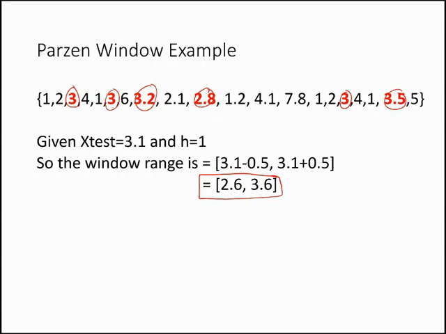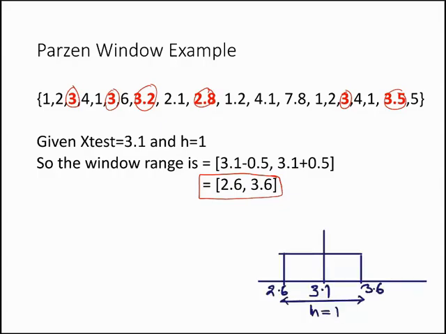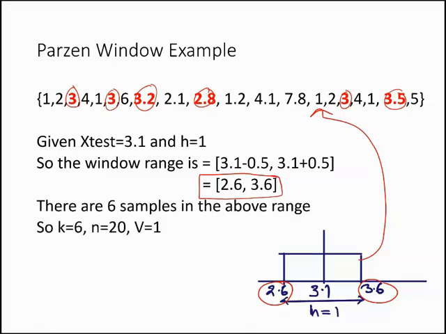I can see the window here and just check from minimum to maximum of this window how many samples from this list fall into it. So there are 6 samples in the list falling in the given range. So K is now 6.